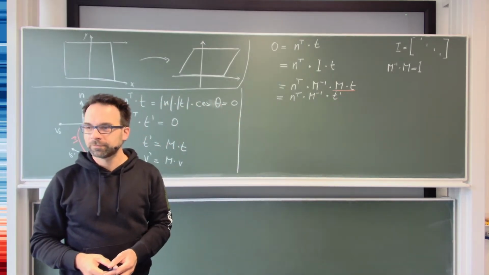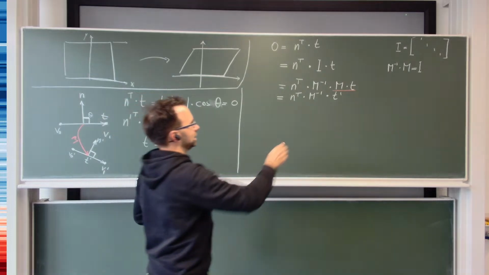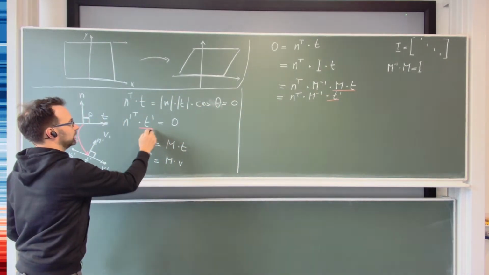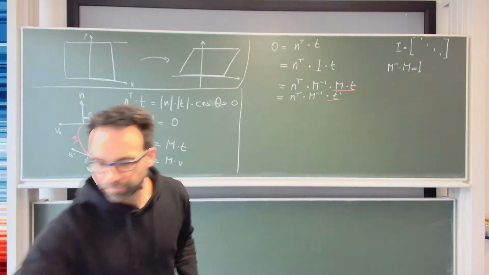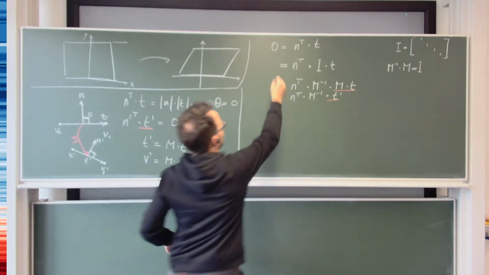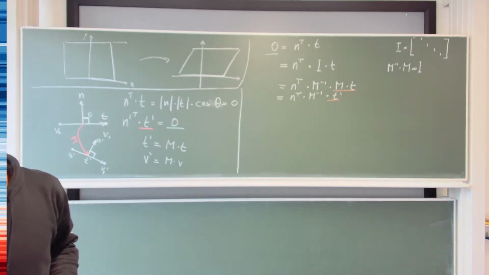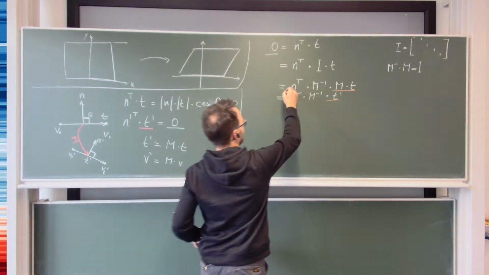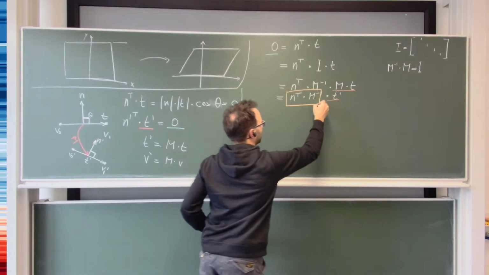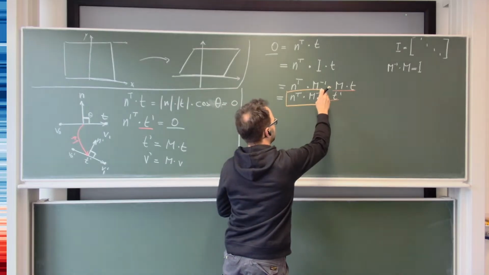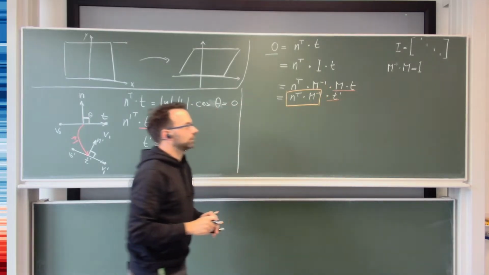Okay. And if this is T dash, this is that zero, what do we know about this? Well, I need to get the -1 in here.